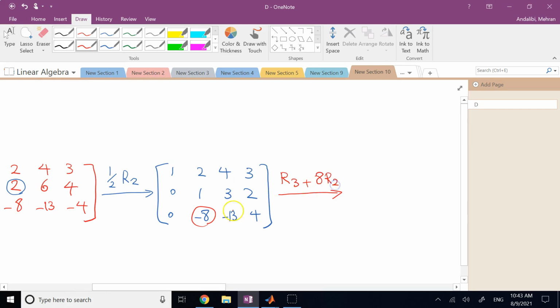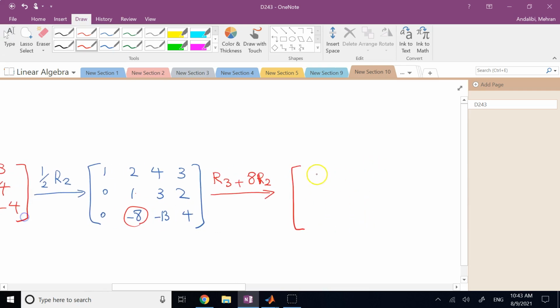And again, this 8 comes from dividing negative 8 by 1 and negating it. So if I do so, I will get 1, 2, 4, 3, 0, 1, 3, 2, 0, 0, 11, and 20, I assume.